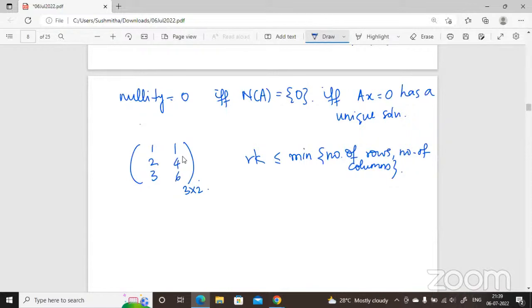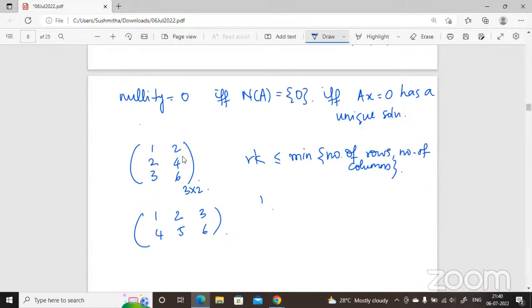Can you repeat that statement? Minimum of rows or columns? The rank can be at most the minimum of the number of rows and columns. Here it is 3 by 2; if we take a 2 by 3 matrix, again the maximum is 2. Rank can be maximum 2 because row rank equals column rank. That's why it is a minimum.